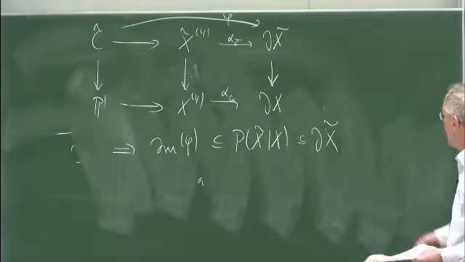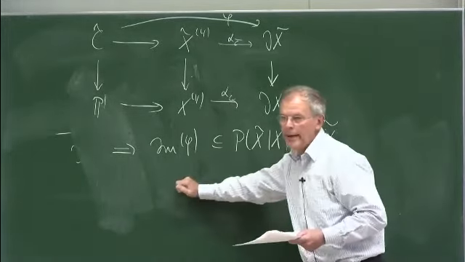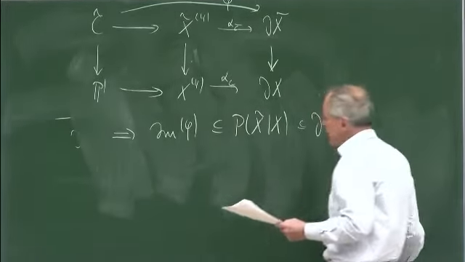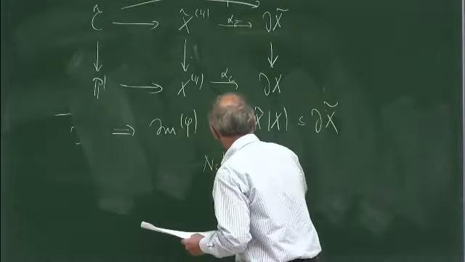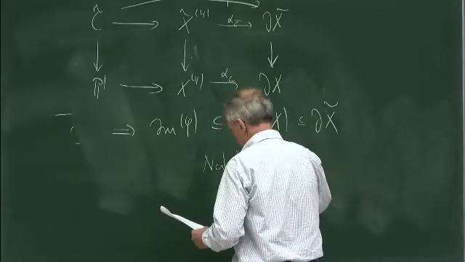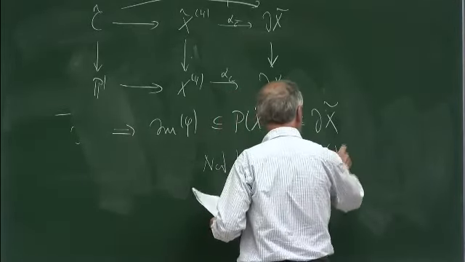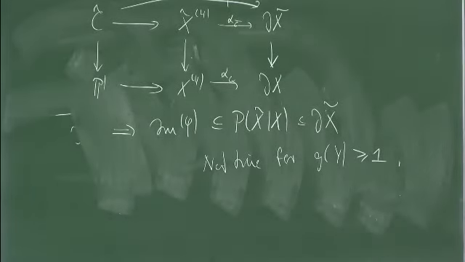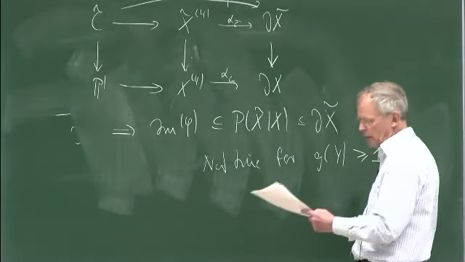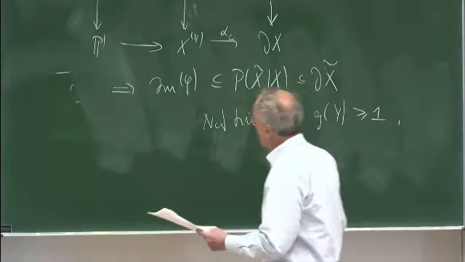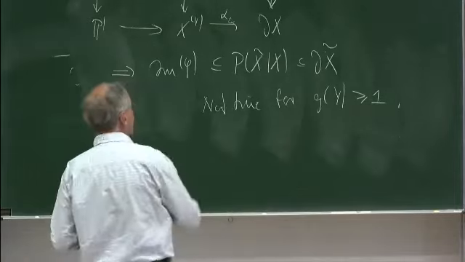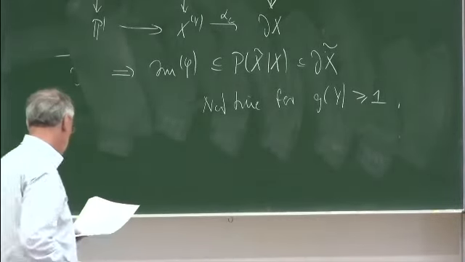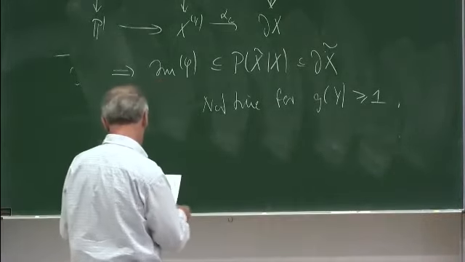But this you have only over P1. In general, this is not true for genus greater or equal to 1. Let me just explain how the proof goes on here. Now, before I give the proof of the general theorem.